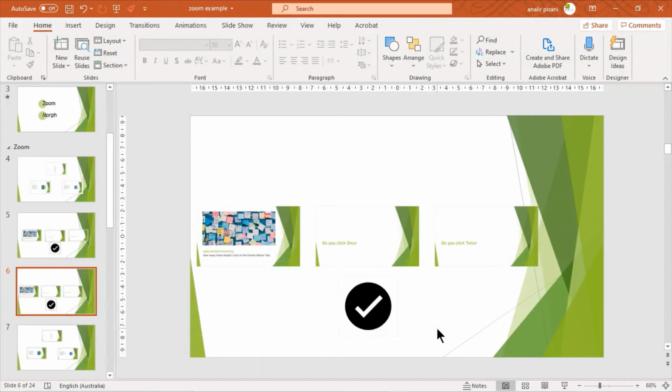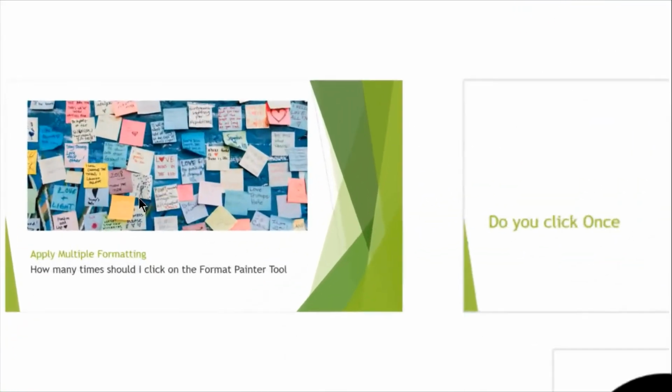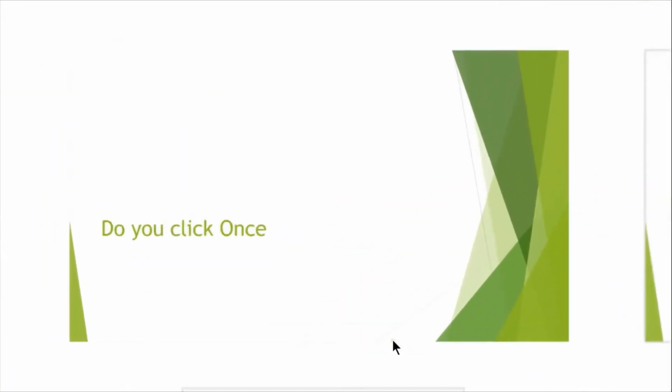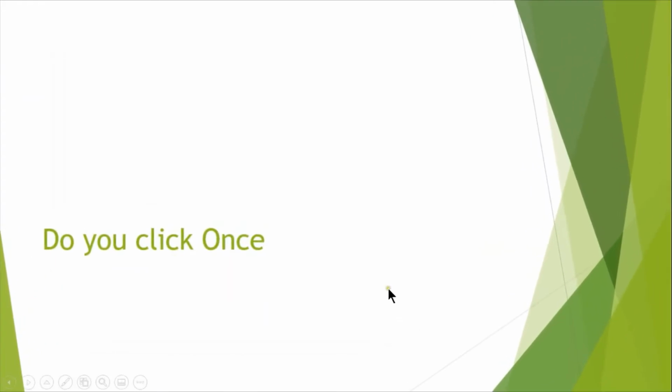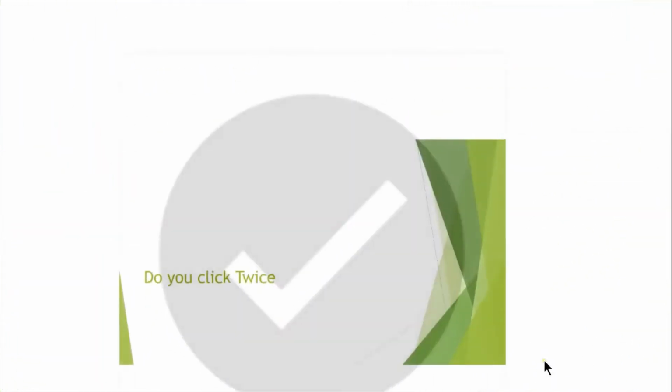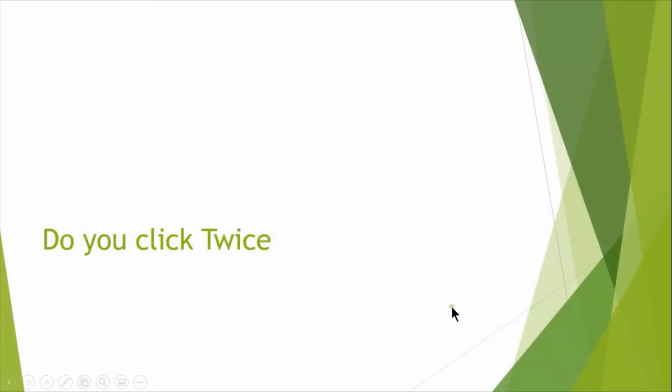Okay, so now when I do Shift F5, click on the first one, how many times do you think? Do you click once? Do you click twice? And now we want to reveal. That was your answer.